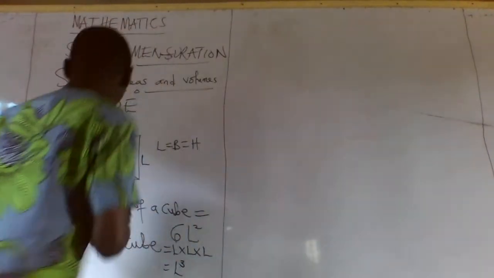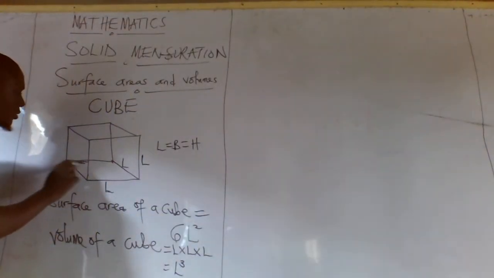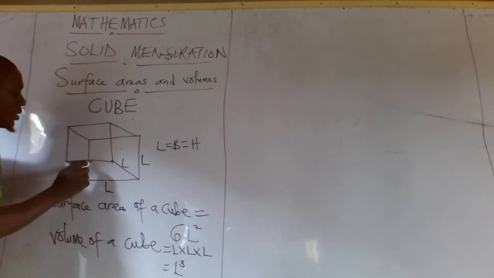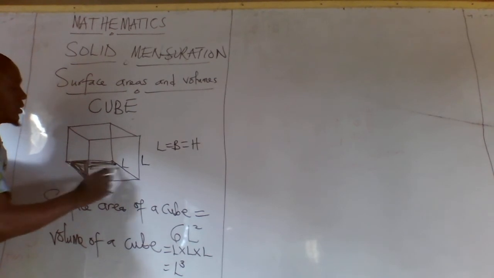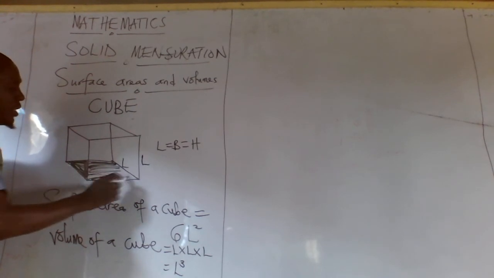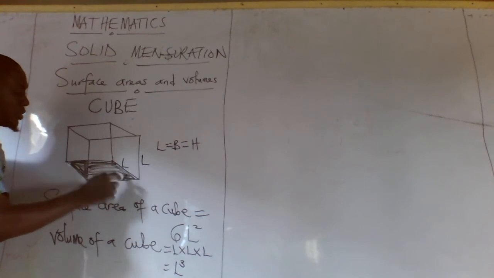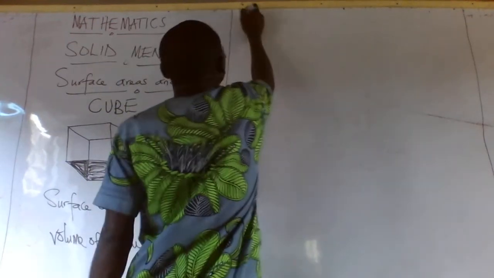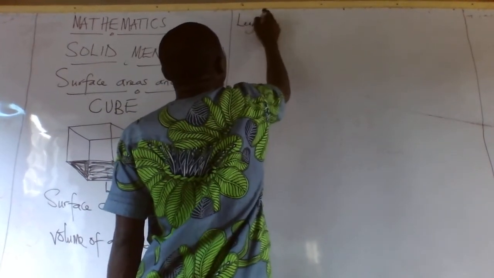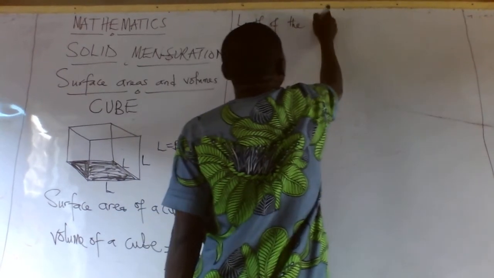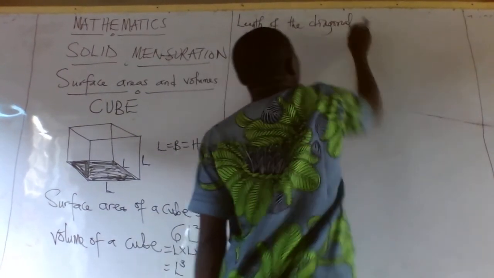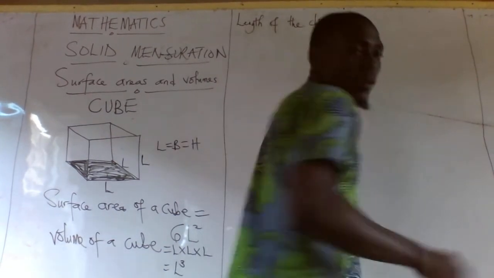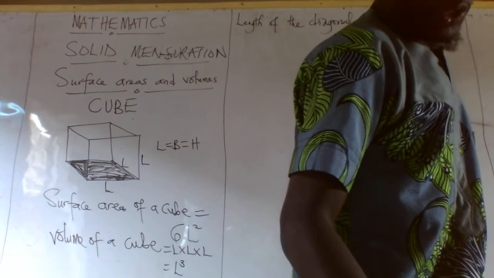Time does not permit us to explain this in detail, but I will just give us the formula so that we can work with it whenever a question is given to us. So the length of the diagonal of a cuboid is given as follows.